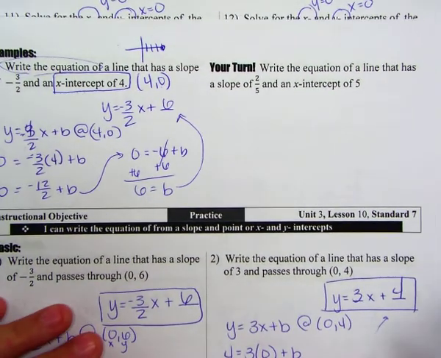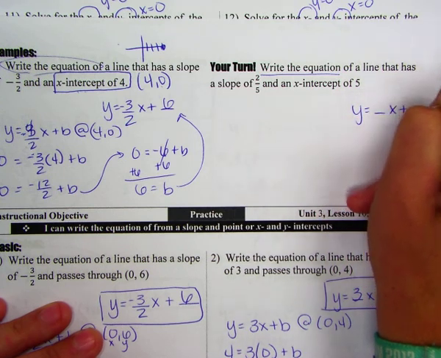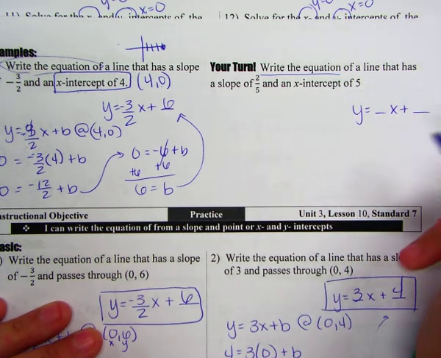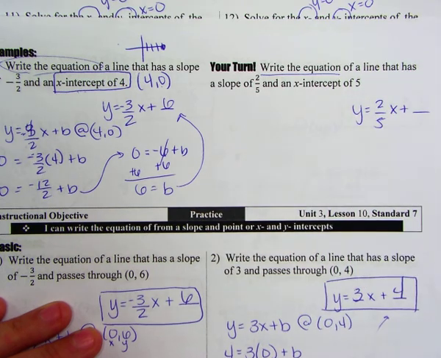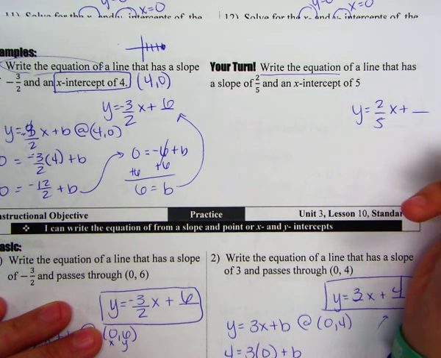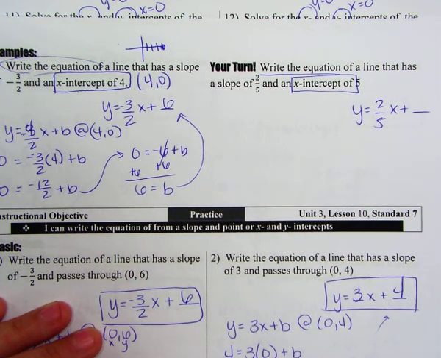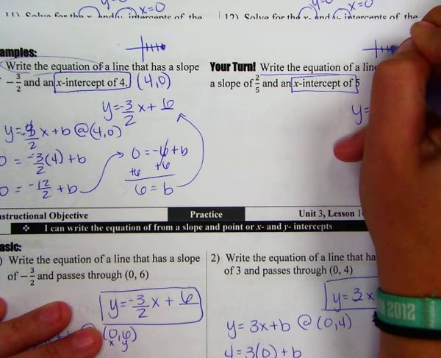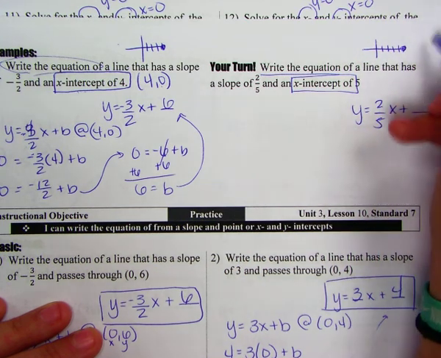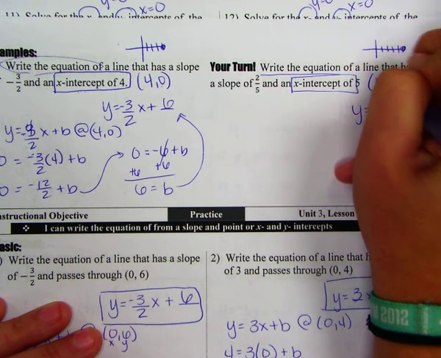One more. Write the equation, write the skeleton, of a line that has a slope of 2/5 and it has an x-intercept of 5. X-intercept of 5 means it has a coordinate of (5, 0).